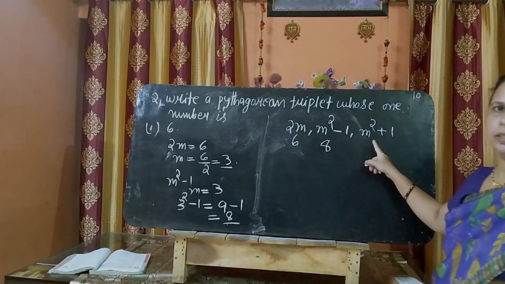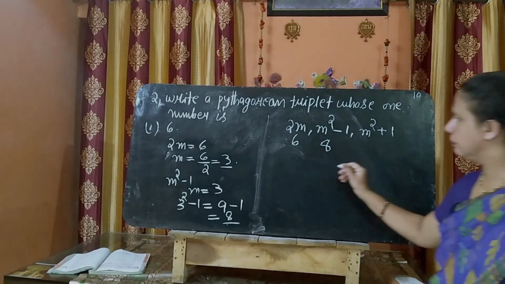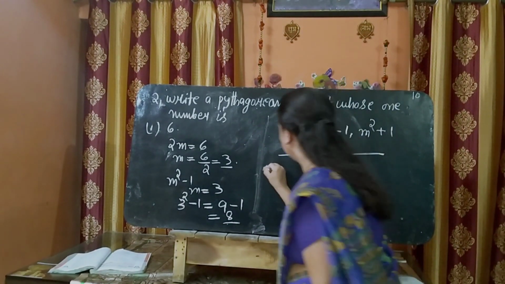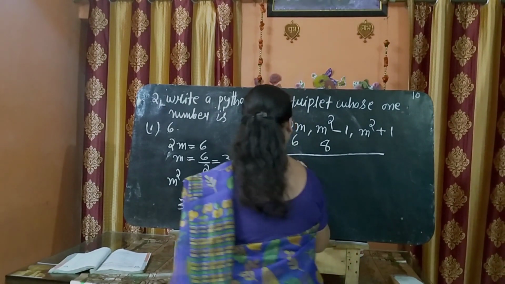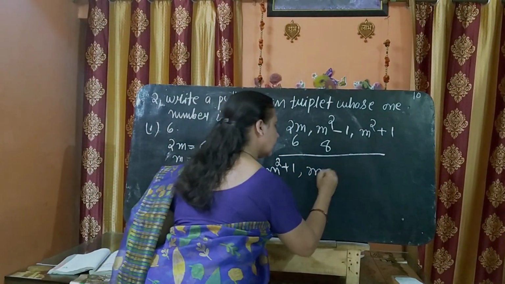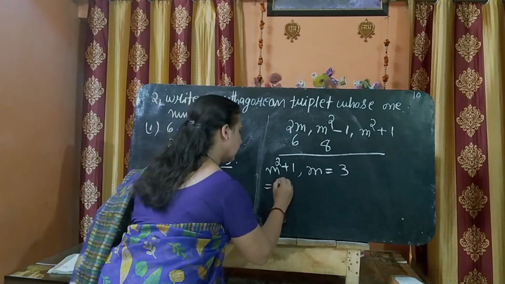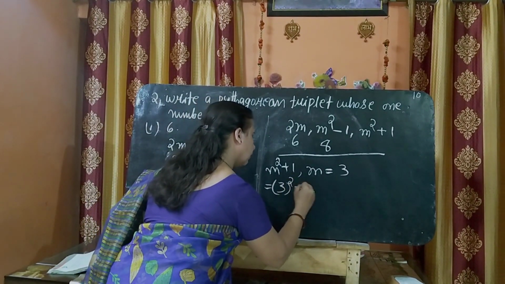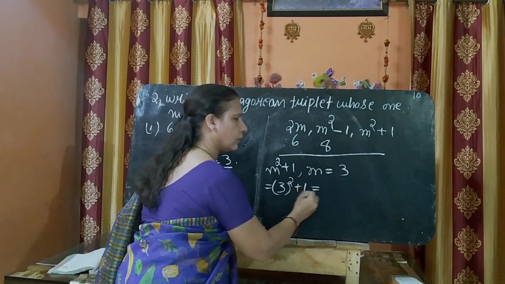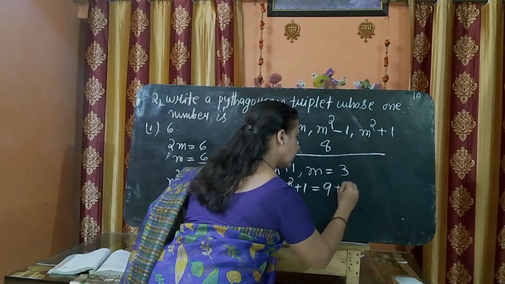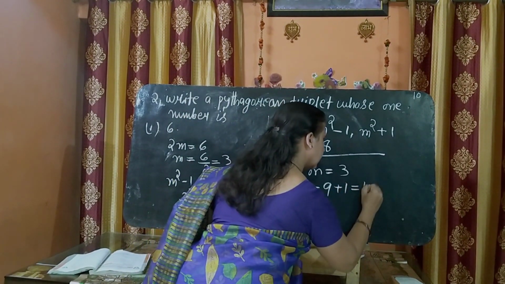Next we have to find out m square plus 1. Value of m is equal to 3. Then m square plus 1 equals 3 square plus 1, that is equal to 9 plus 1 equals 10.